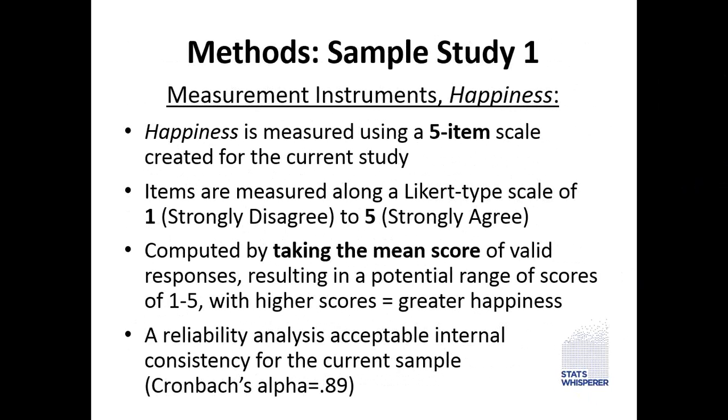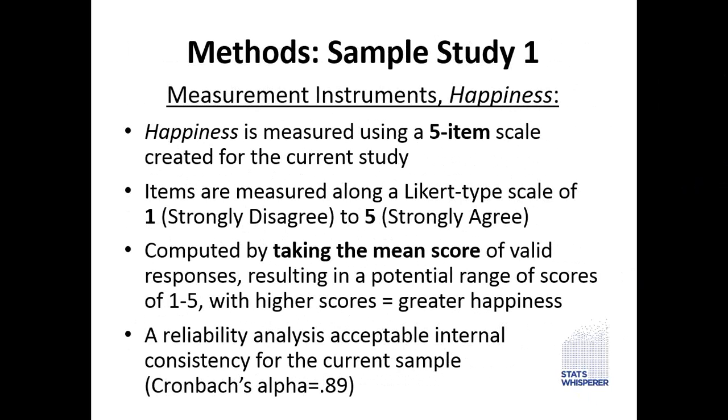And then the scale is computed by taking the mean score of valid responses, which results in a potential range of scores of 1 to 5, with higher scores indicating greater happiness. So all those things we mentioned in the last slide are expressed in that sentence. One sentence can tell you, just like the abstract, 3 very important things.